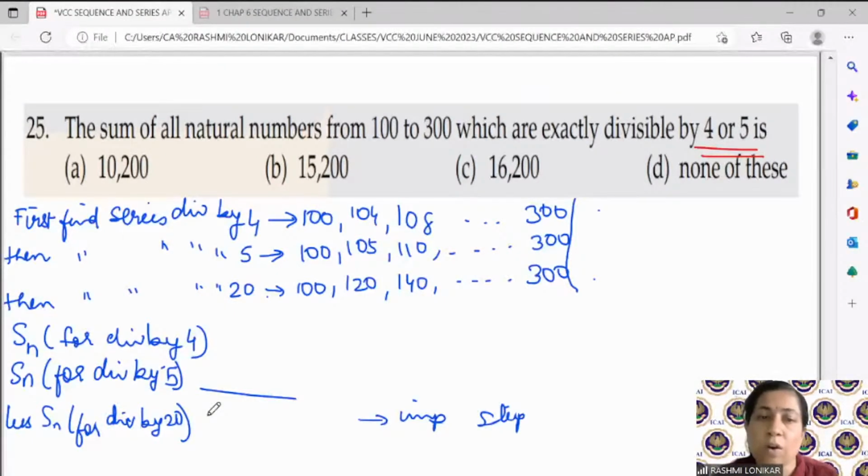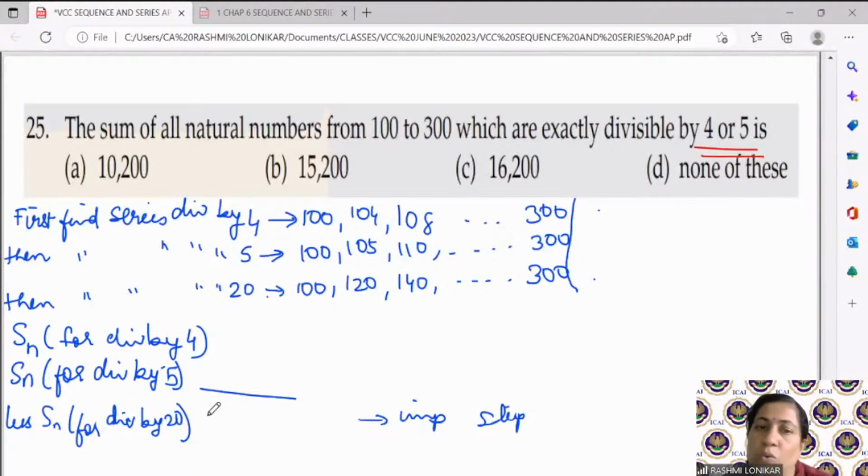This is 4 or 5. So find the sum of the series which are divisible by 4: 100, 104, 108, up to 300. Then find the sum of the series which are divisible by 5: 100, 105, 110. Then we are subtract the series for 20.